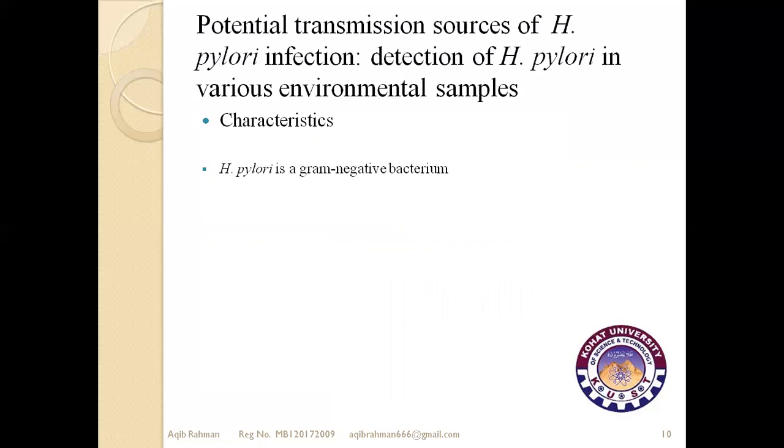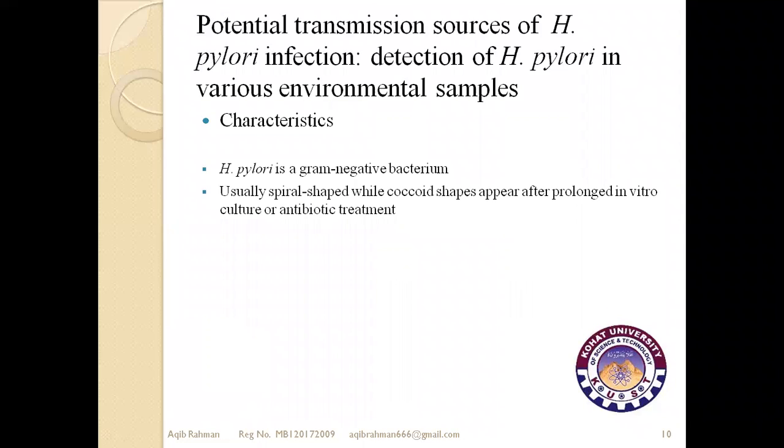Furthermore, in characteristics, H. pylori is a gram-negative bacterium, usually spiral-shaped, while coccoid shapes appear after prolonged in vitro culture or antibiotic treatment.